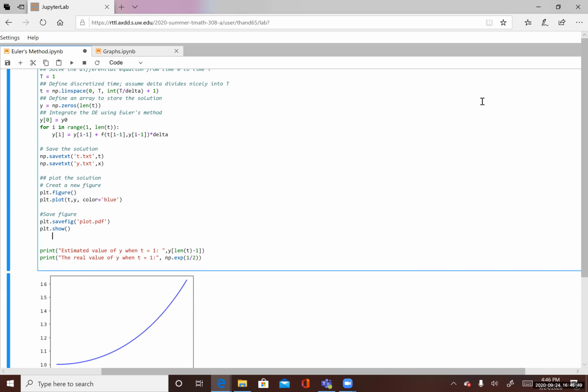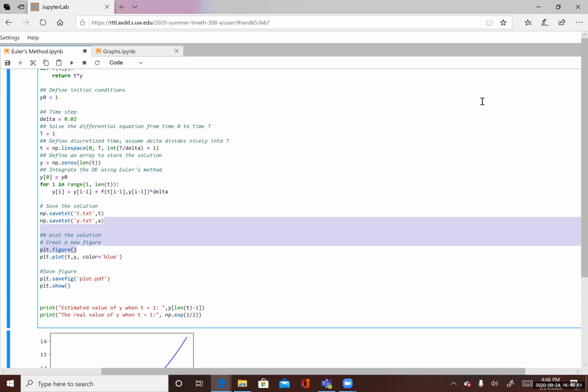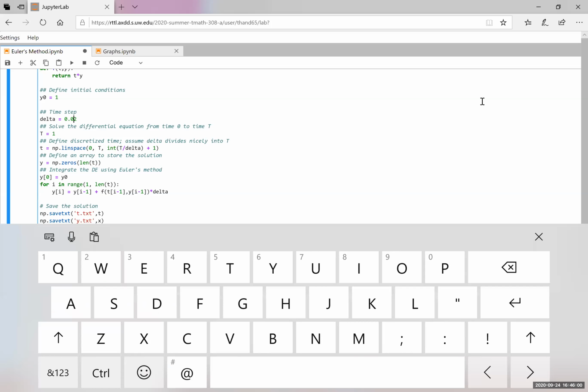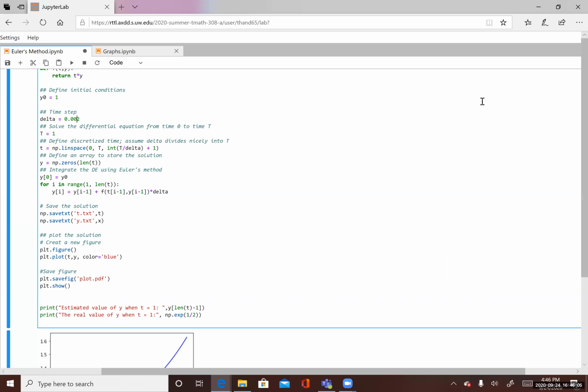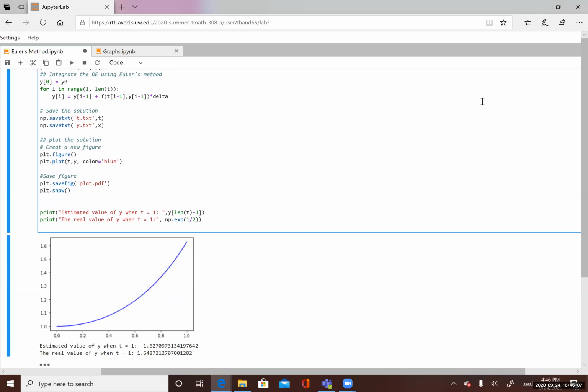Again, I just decreased the step size from 0.2 to 0.02. Now, if I add another 0 in here and I run it, see what happened.